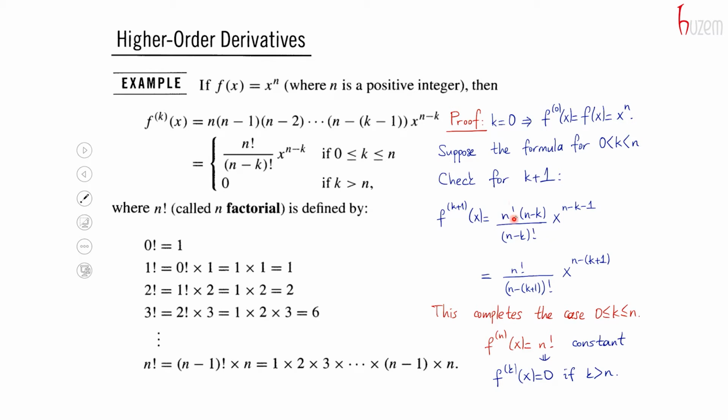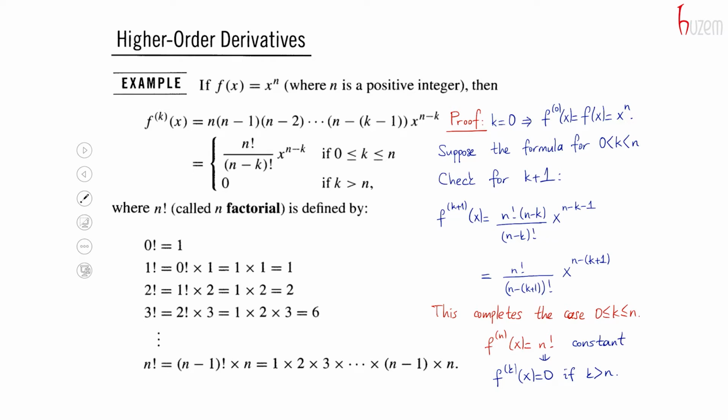So n factorial divided by n minus k minus 1, or n minus in parentheses k plus 1 factorial, times x to the power n minus, this part is written as k plus 1 inside parentheses. And this is the formula here for k plus 1. So we check that this formula is true for the k plus first derivative, and this completes the proof.